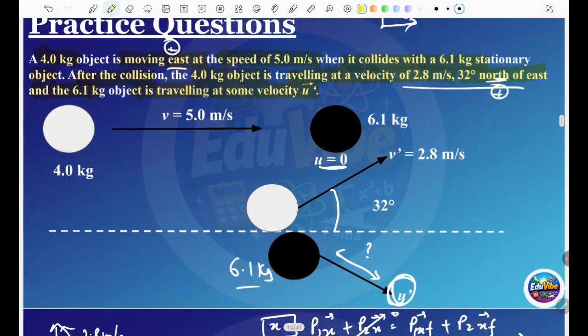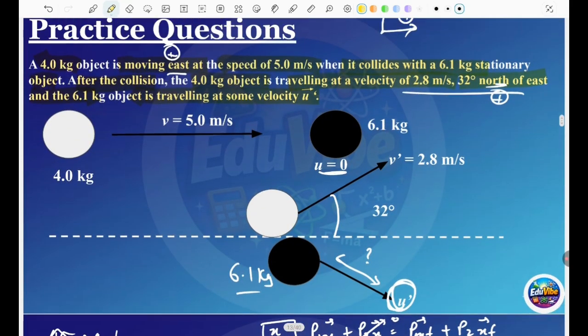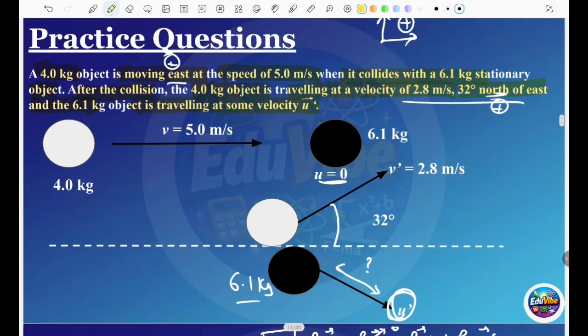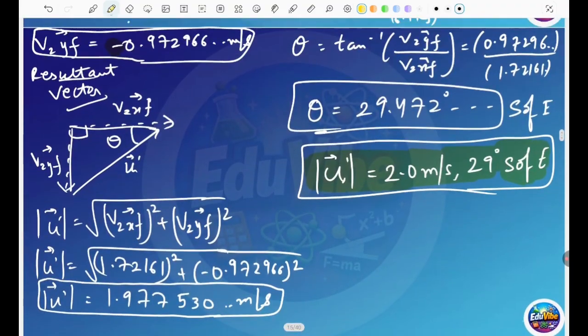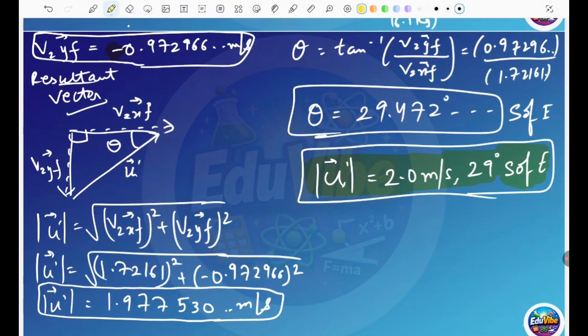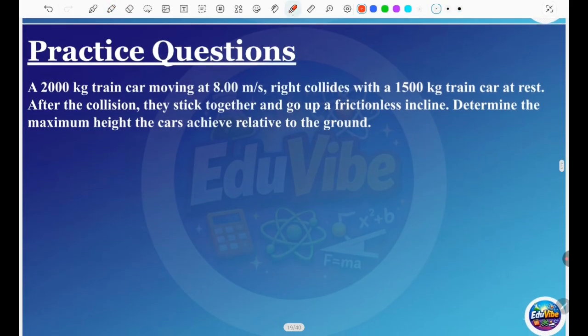This type of question is worth around 5 to 6 marks in your examination or in diploma. So that's all you have to show to get 6 out of 6 in this. If you have any doubt yet, watch this sum again and clear your doubts. Next, we move on to the next question.